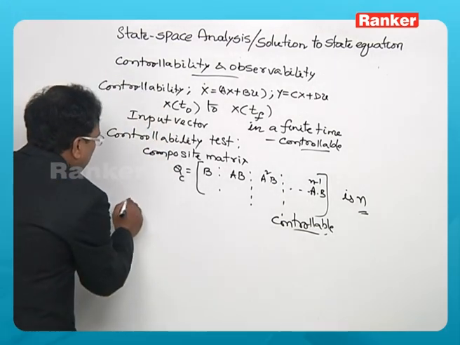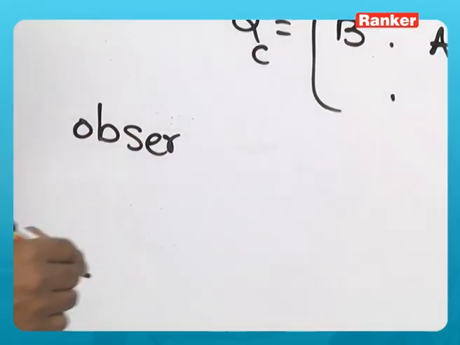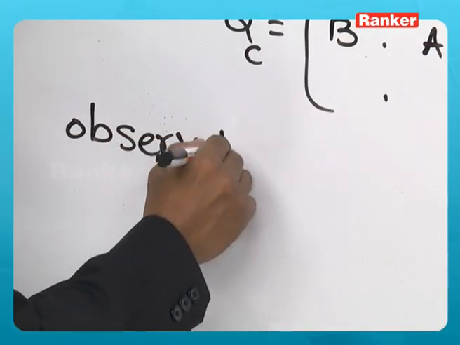Next, observability is another parameter of the state space analysis.